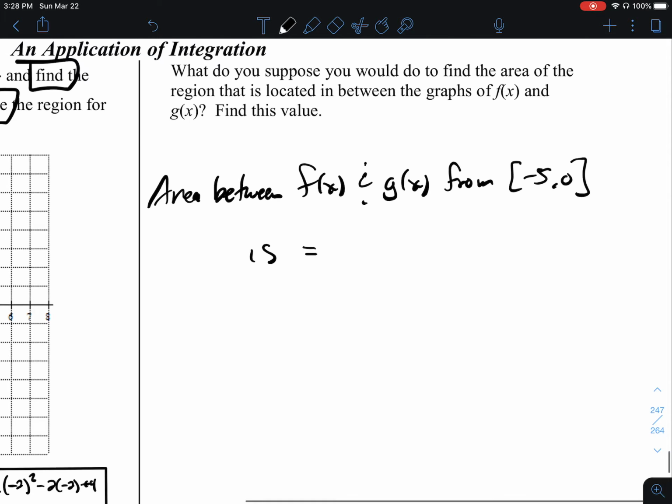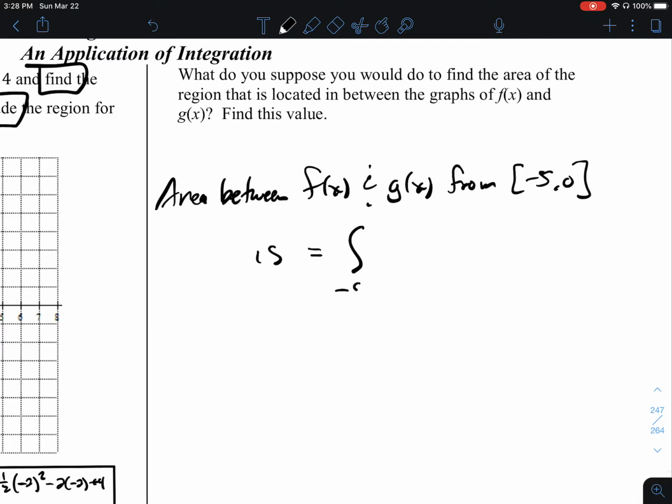Well, let me tell you how to write this formally. It's going to be integrating from -5 to 0 f of x, I'm sorry, f of x first, and then subtracting from that the integral from -5 to 0 of g of x.